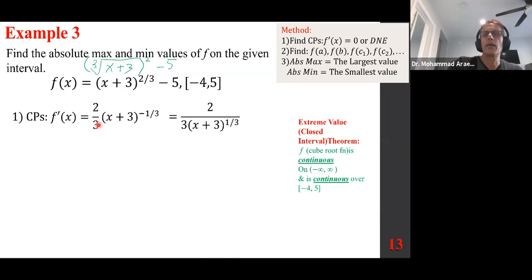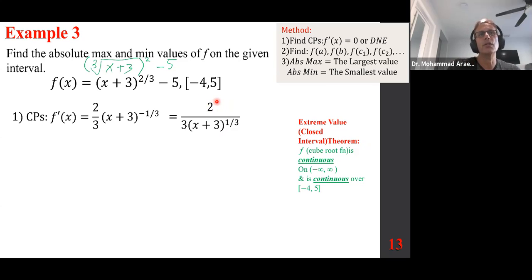Now, f prime is 0, f prime doesn't exist. F prime equals 0. A fractional expression is equal to 0 when the numerator is 0. The numerator is a number. It doesn't matter if it's positive or negative or a fraction or any number.